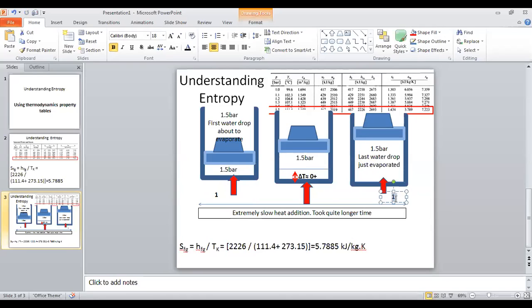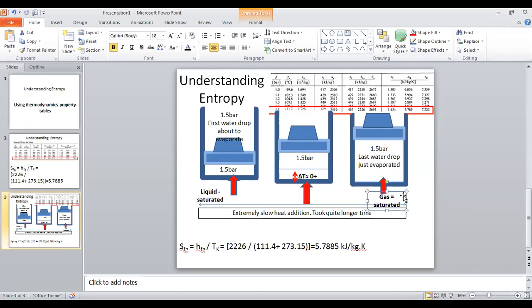The best is to say this is the gas, and this is liquid, saturated liquid. The gas here we also call saturated.